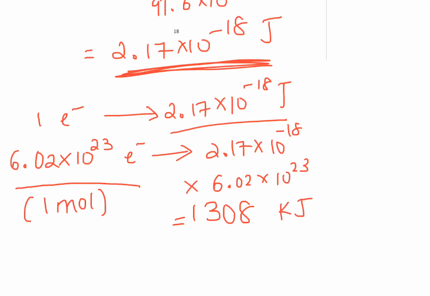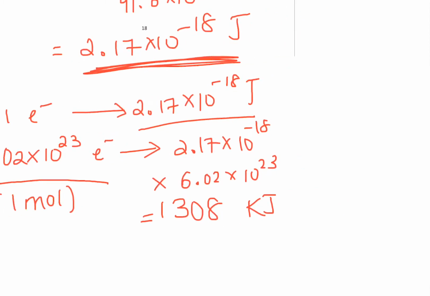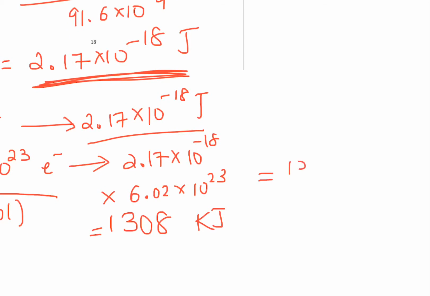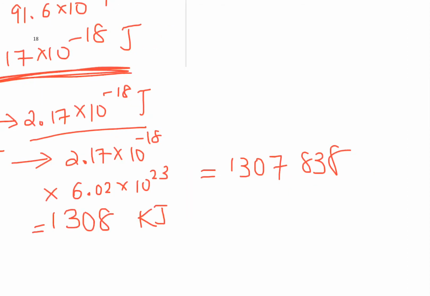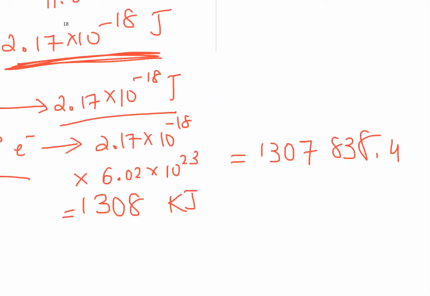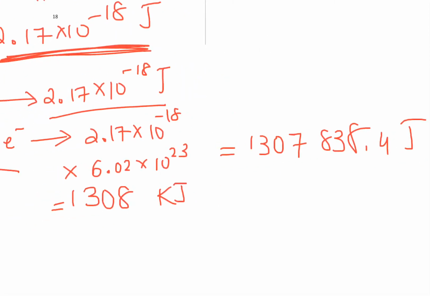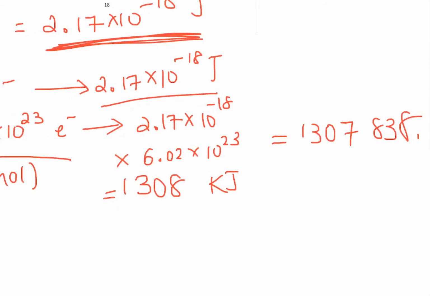You'll get that in kilojoules. Yes, this is in kilojoules. So when you calculate it, actually you get something like this, 838.4. So you get the idea. So this is in joules and you have to divide it by 1000 to get it in kilojoules.